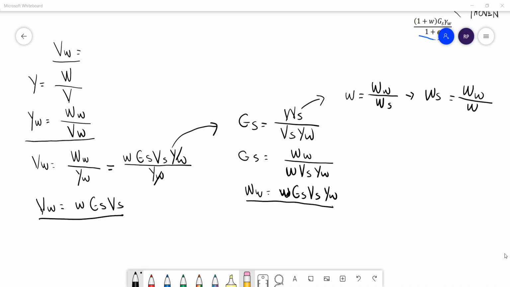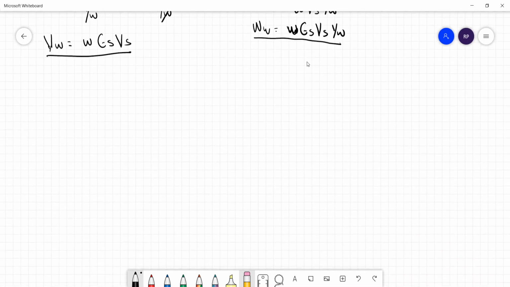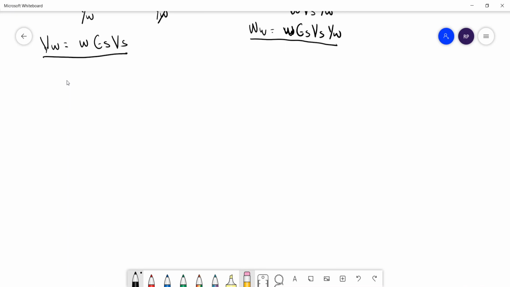So sunod is our degree of saturation. Gagamitin natin ito mamaya, this one. So punta muna tayo sa ating degree of saturation. So tandaan natin yung goal natin is to have our equation Se is equal to W moisture content GS, or Se = wGs. So for the definition of your degree of saturation, that is equal to the total volume of your water all over the total volume of your voids.